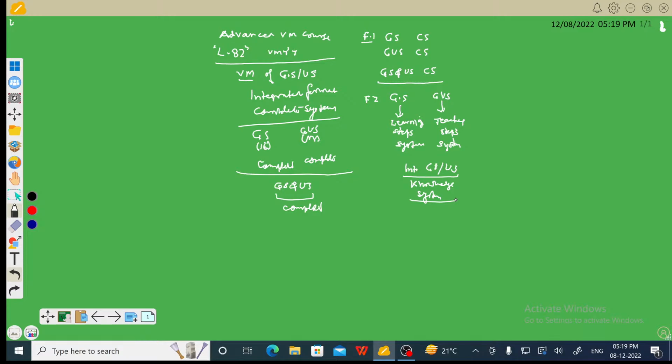Feature 3. Ganita Sutras are 16 in number, and number 16 is Jeev, being.